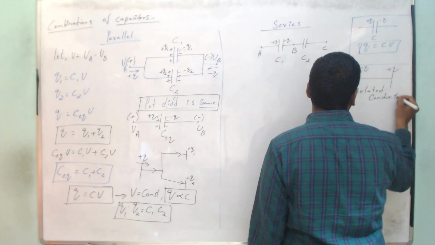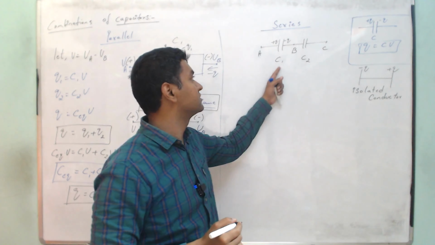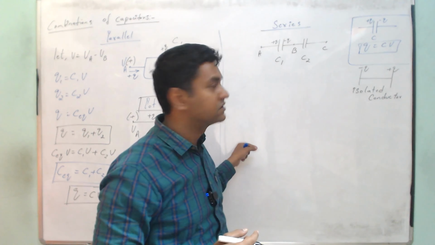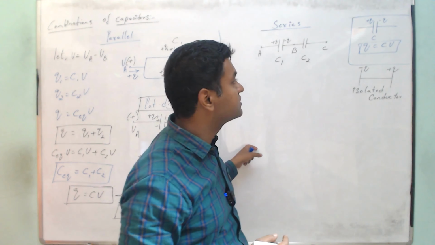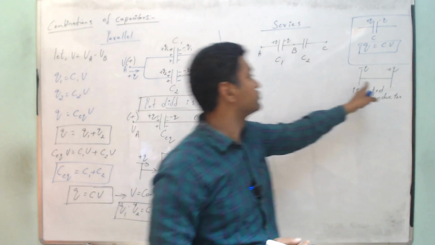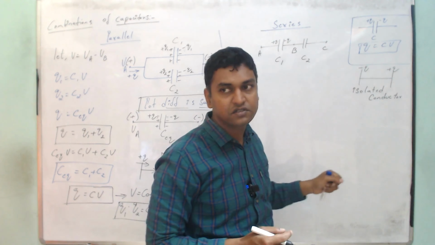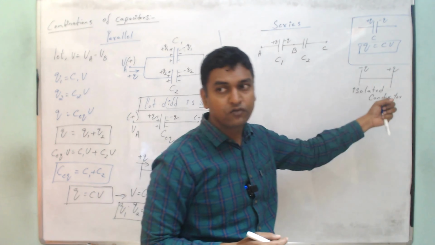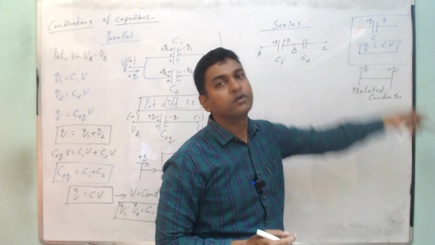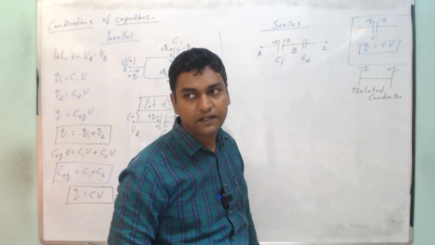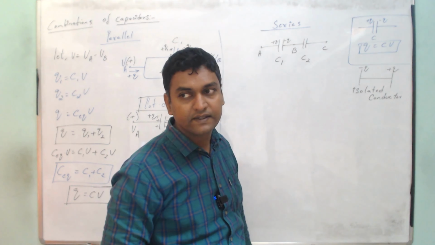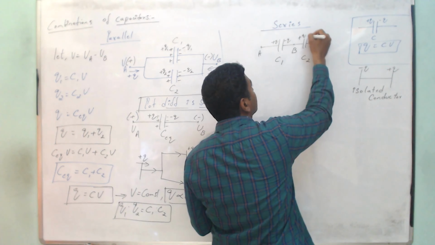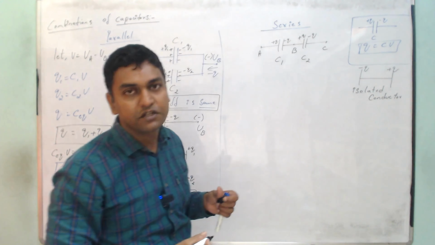So if my capacitor C1 has plus Q and minus Q charges accumulated on the plates, that means for my middle portion on the left side I have minus Q charges. And this is an isolated conductor, not attached to anyone. So if you extract minus Q charges towards left, automatically plus Q charges are extracted towards right. Yes, sir. Because it's an isolated conductor. That means the charges over here are plus Q and therefore the charges over here are minus Q.